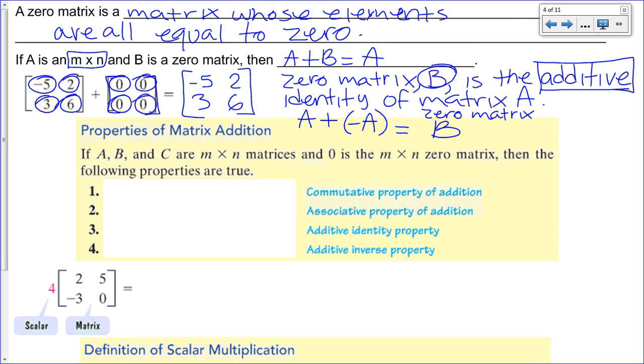So what we could say is that this matrix here, -A, is the additive inverse of matrix A. And remember, I'm using the word additive.